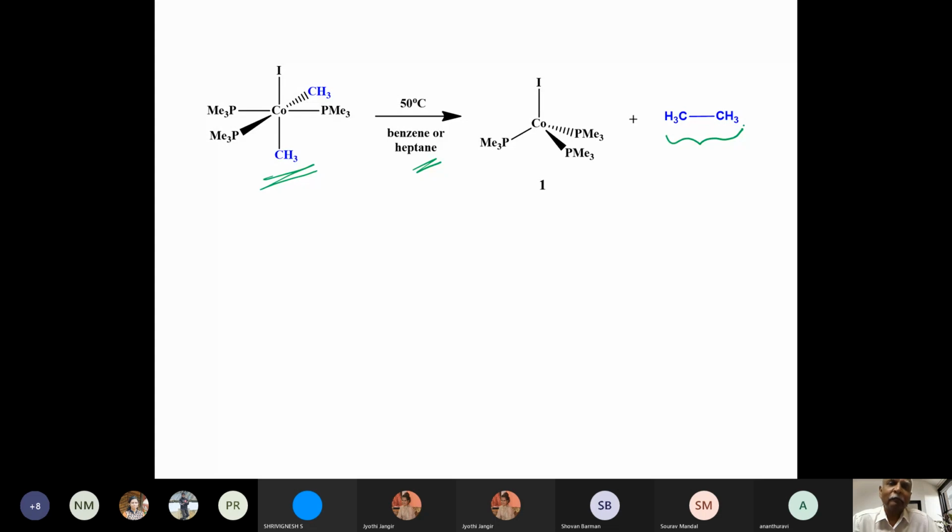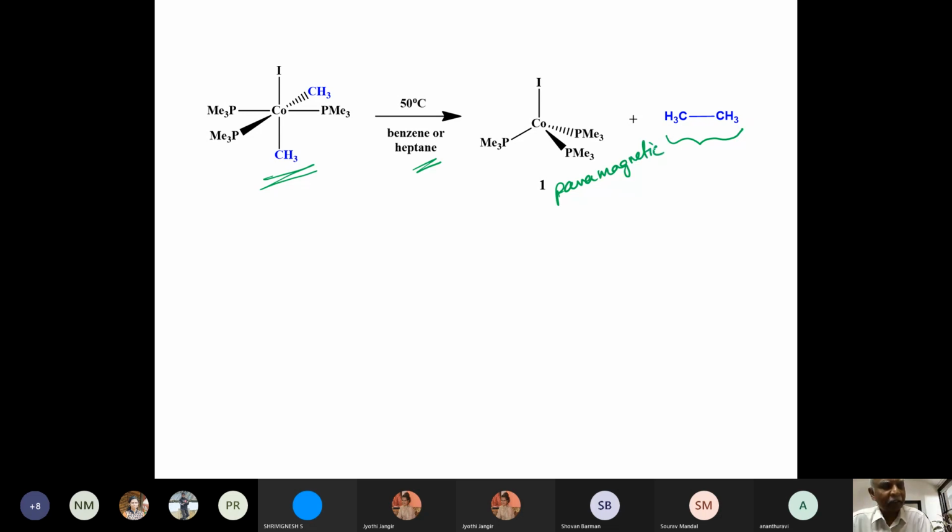So it is not the reverse of the oxidatively added product. So now we are going to look at reductive elimination of two species from a compound which is not giving you the starting material which we had described in the previous slide. Now, this compound is paramagnetic.